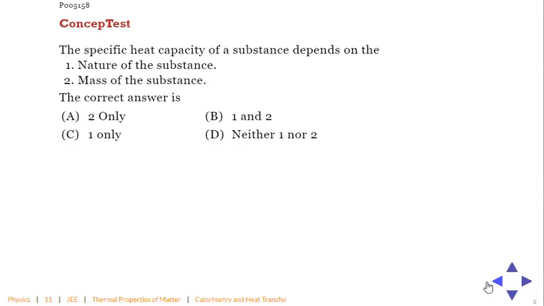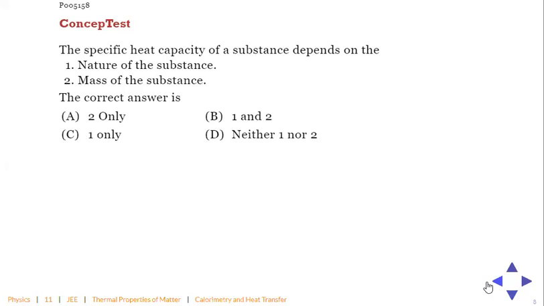The specific heat capacity of a substance depends on: first, the nature of the substance; second, the mass of the substance. Tell me, what is the answer? It is specific heat capacity, guys, not the heat capacity.